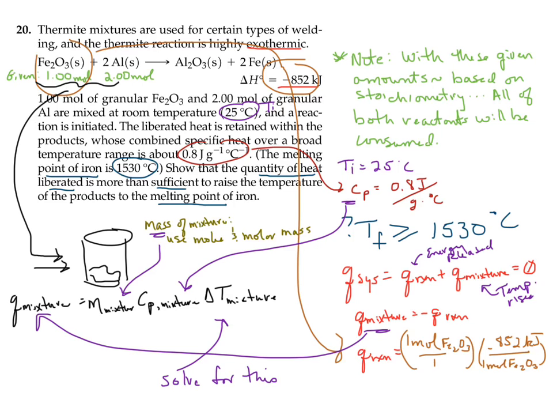Now, I didn't finish this thought, but once you come up with delta T, you know T sub I is 25 degrees Celsius. Like you've done in other homework, you can use delta T as T sub F minus T sub I to get to T sub F. Okay, so that's it. And what you'll do is see if the final temperature indeed exceeds or is at the melting point temperature of iron.